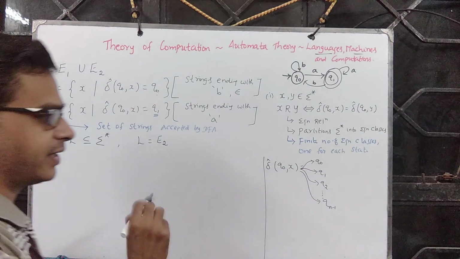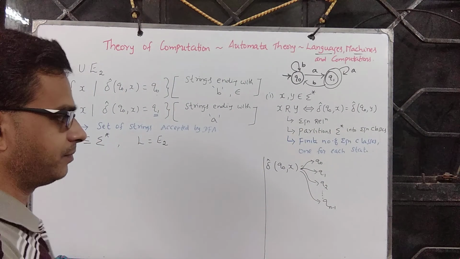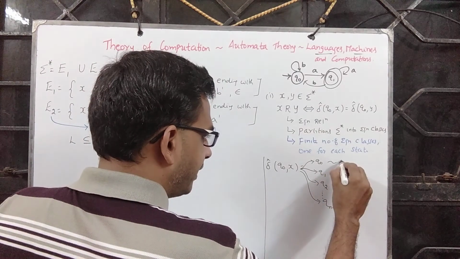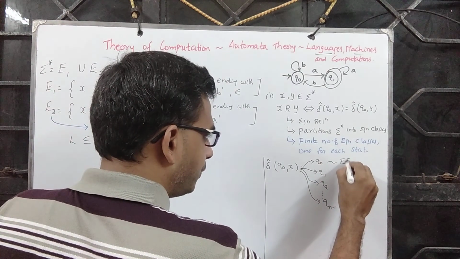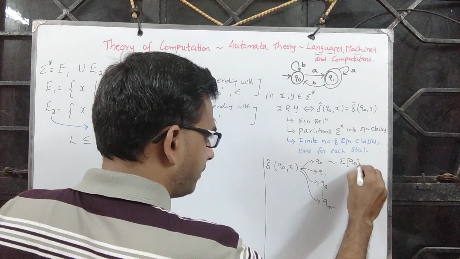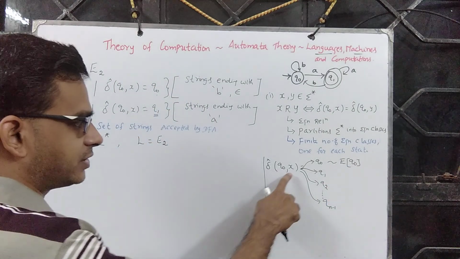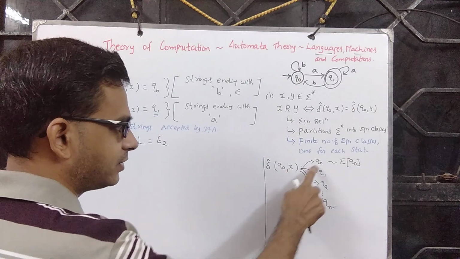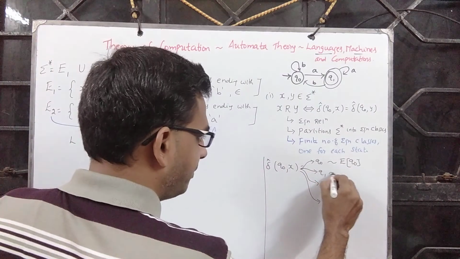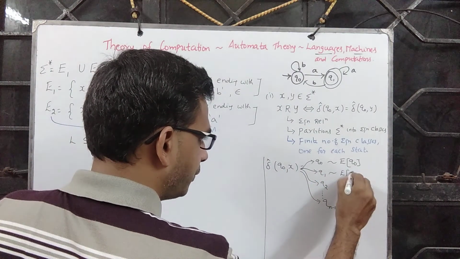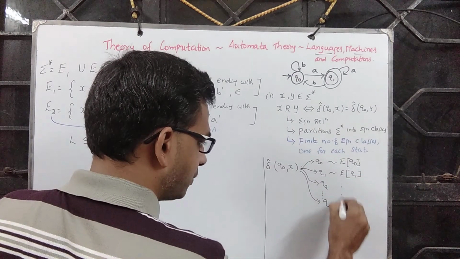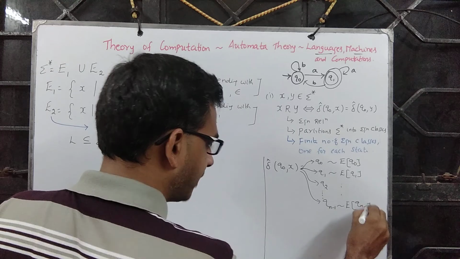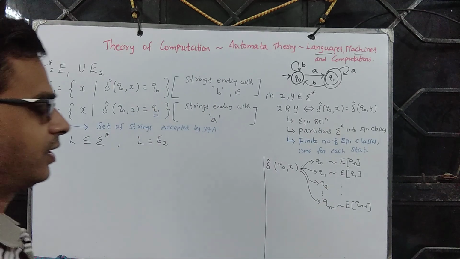Let's assume there are n states in the automaton, correct? And there will be an equivalence class corresponding to q0, which means all those strings x such that delta cap of q0 comma x is q0. There will be an equivalence class corresponding to q1, and so on up to qn minus 1, correct?